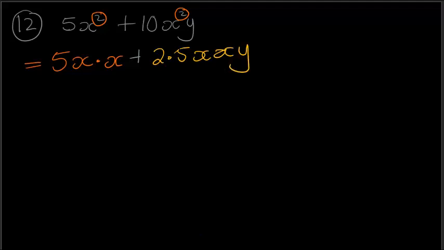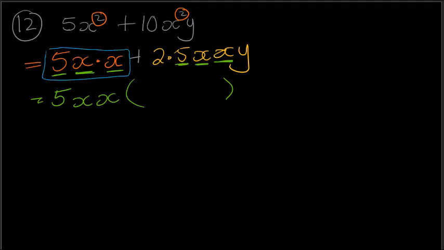So let's look for our common factors. I have a 5, I have a 5, I can write 5. I have an x, I have an x, I can write x. I have an x, I have an x, I can write x. And that's it. So now I have 2 brackets. Now notice in this term, all of the items are underlined in green. So what do I write in my bracket? I can't write 0 because that means it doesn't exist, but it does exist.